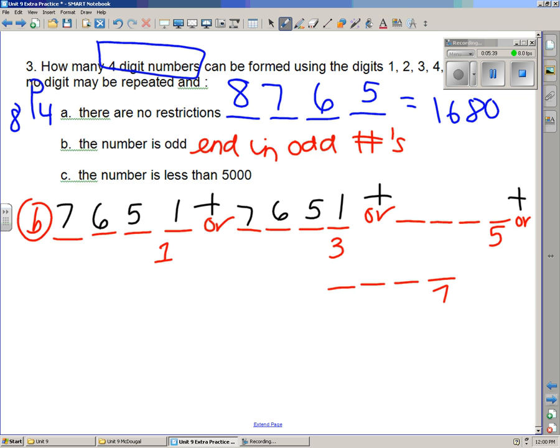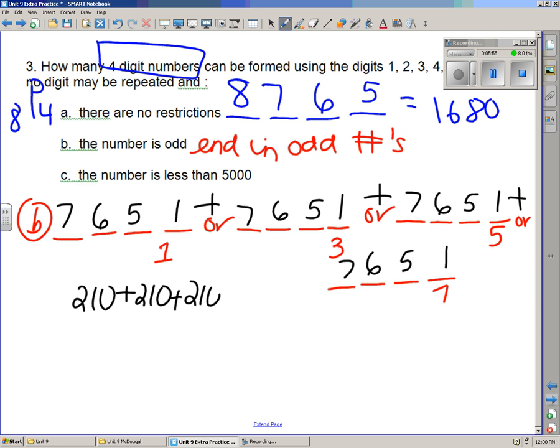This goes the same for the rest: 1, 5, 7 choices, 6 choices, 5 choices; 1, 7, 7, 6, and 5. When I multiply all of these together, I get 210 plus 210 plus 210 plus 210, which means in this case I've got 840 ways to get an odd number.